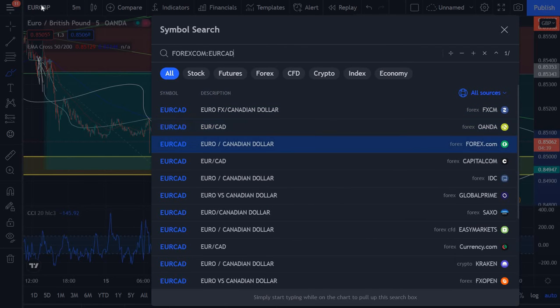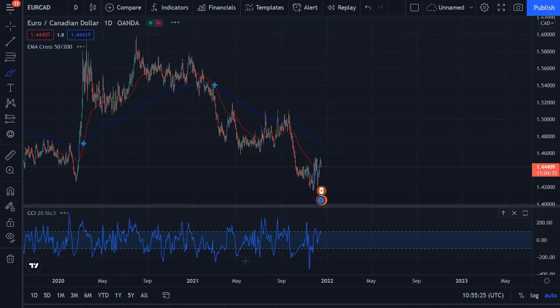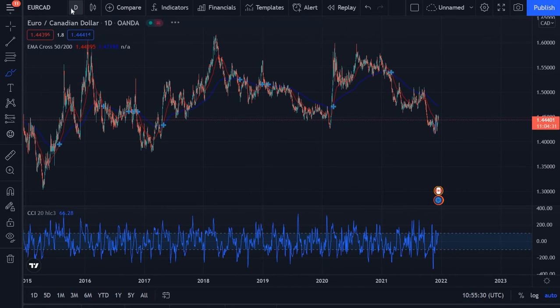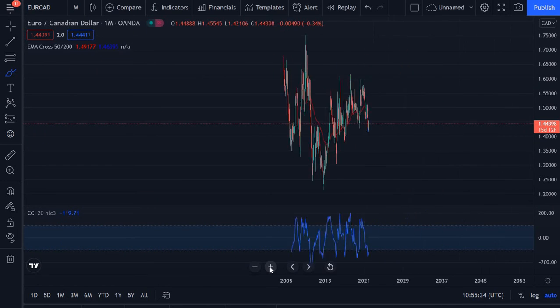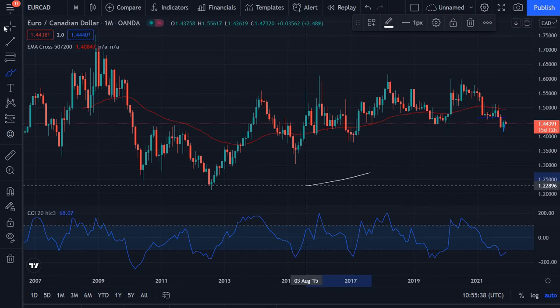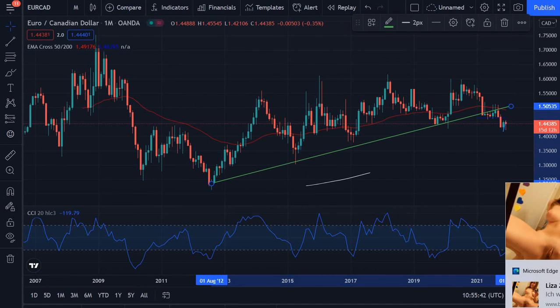Quick look at EURCAD. Let's check the daily. So the daily here is, let's look at the monthly again. So pretty much here breaking these.